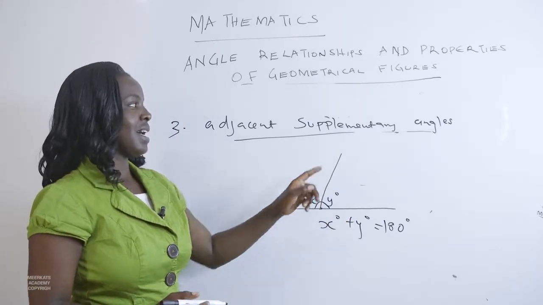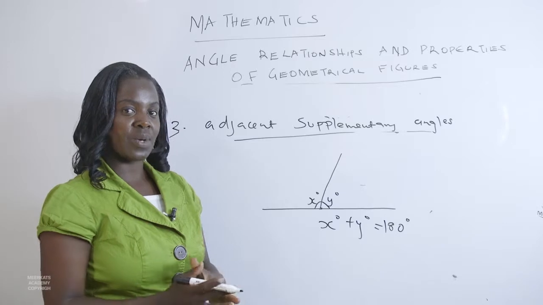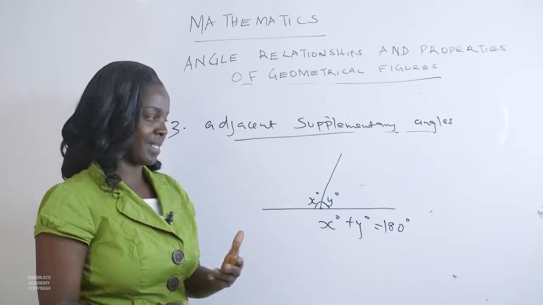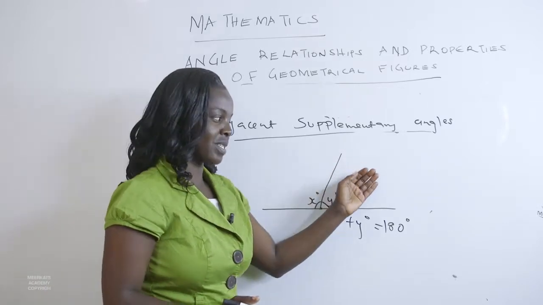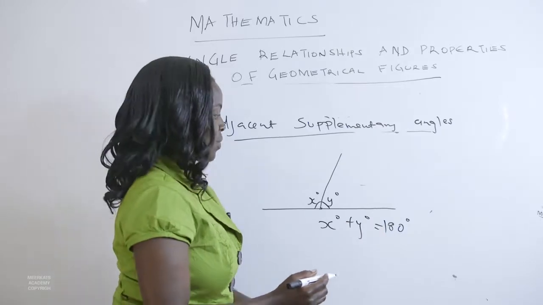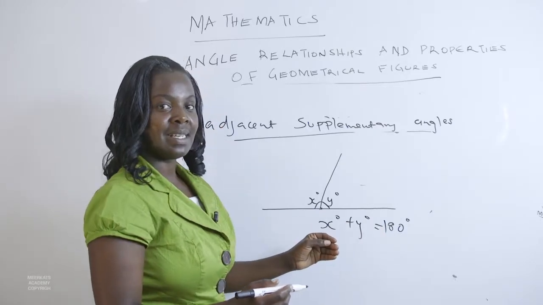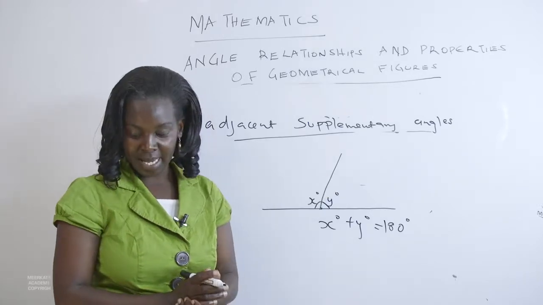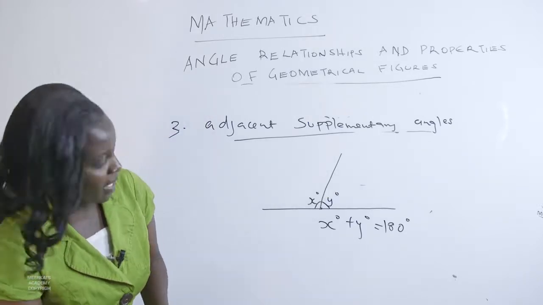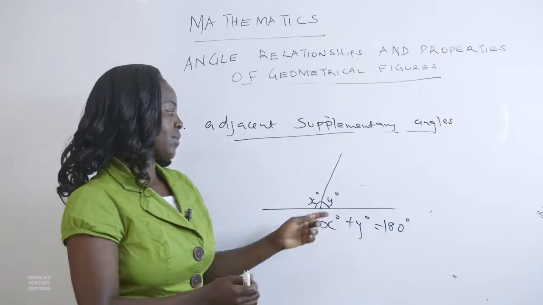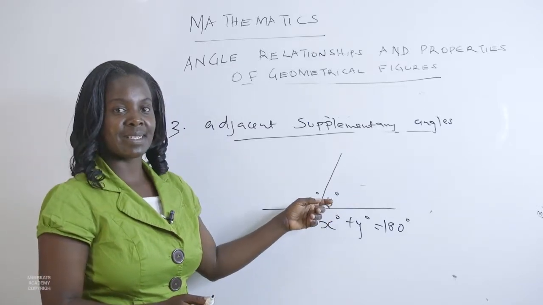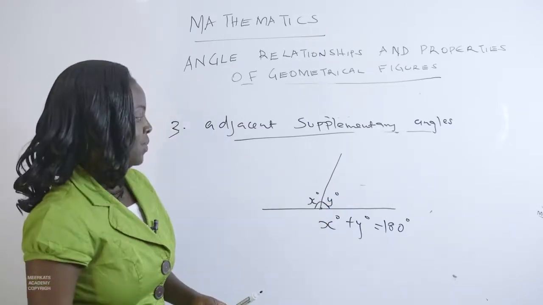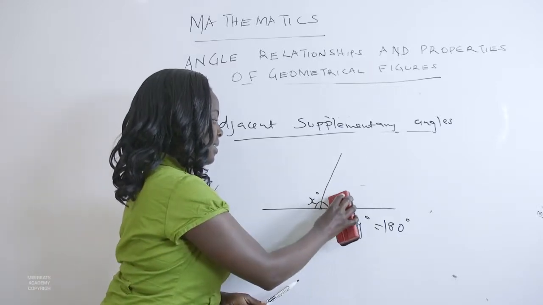But again, we have said supplementary angles on their own don't have to be adjacent. We can have angles which add up to 180, but not necessarily adjacent to one another. So those are also supplementary angles. We can also have three or more angles on a straight line that will add up to 180 degrees.